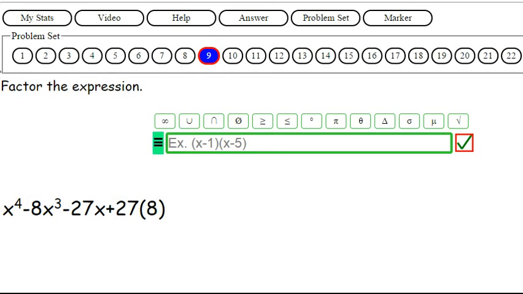X to the 4th. So we have x to the 4th minus 8x cubed minus 27x plus 27 times 8. Not sure why that didn't get multiplied together. Probably going to try to help us out somehow. Alright, let's get over here to the whiteboard.